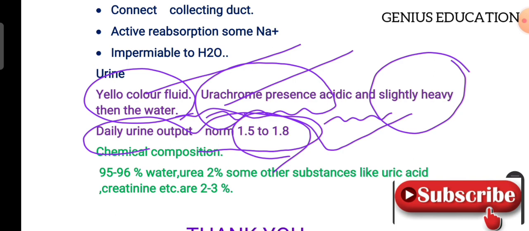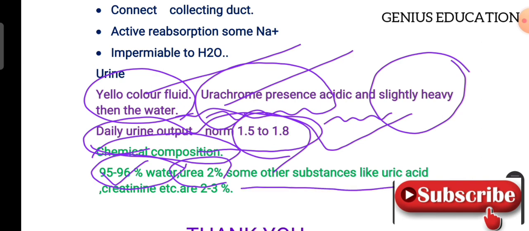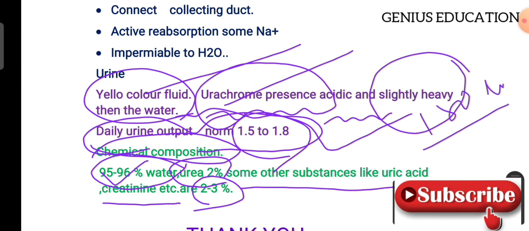This is the chemical composition of urine: 95 to 96% water, and some other substances like uric acid, creatinine, etc. are 2 to 3%. In the kidney, nearly 150 liters of blood is filtered each day.